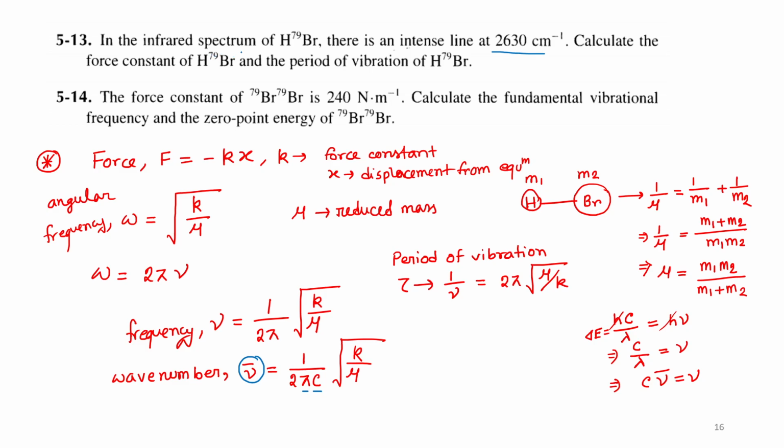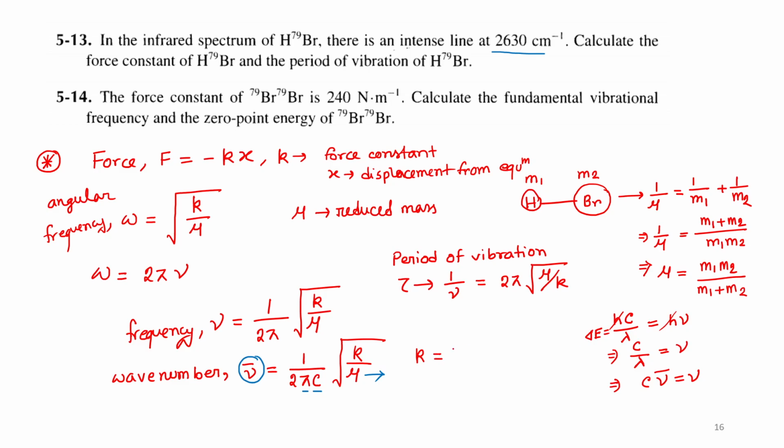So you need to calculate that. We will get the reduced mass mu also. So the only thing we don't know is the force constant. We'll be able to do that.